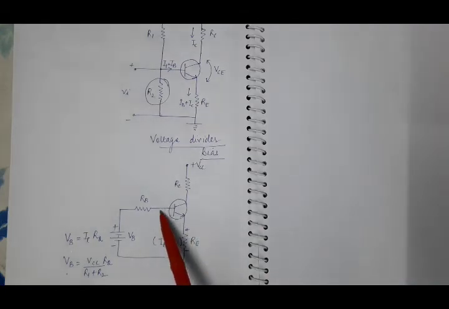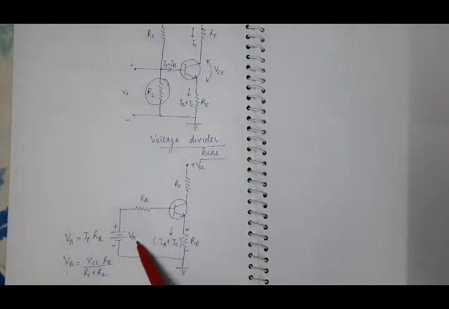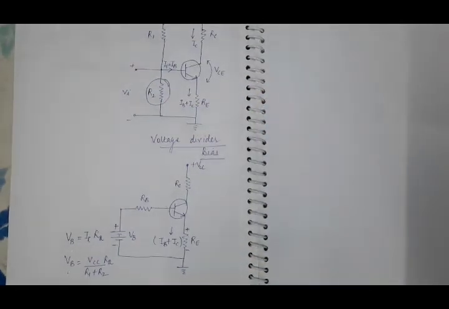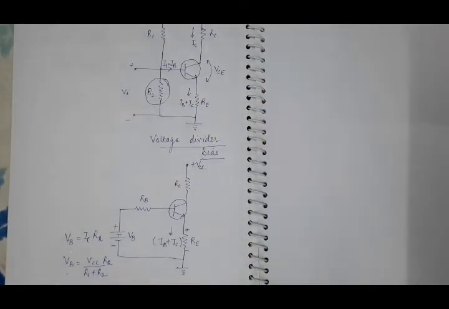So to keep this base emitter junction in a forward bias condition, this VB is made greater than the voltage drop across this RE. But how is it made greater than the voltage drop across RE? By adjusting the values of R1 and R2 in the voltage divider network, we adjust the value of VB to keep this base emitter junction forward biased. How?